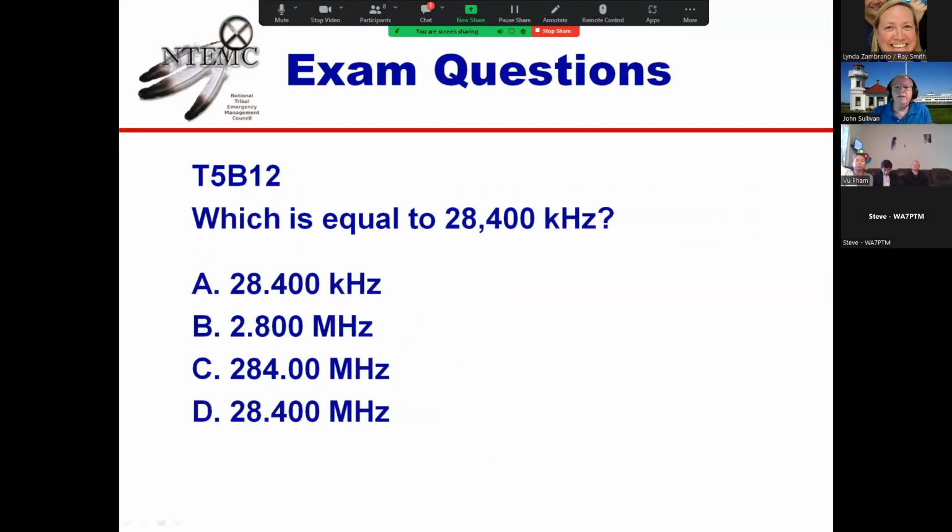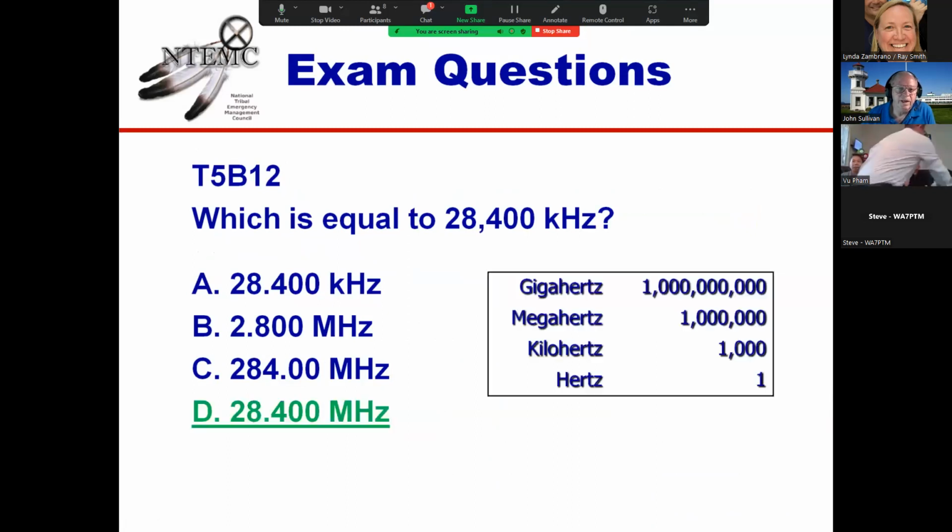Which is equal to 28,400 kilohertz? Well, obviously answer A has to be wrong because that's also in kilohertz. So the question is, what is 28,400 kilohertz in megahertz? And again, 3 decimal places, 28.4 megahertz.